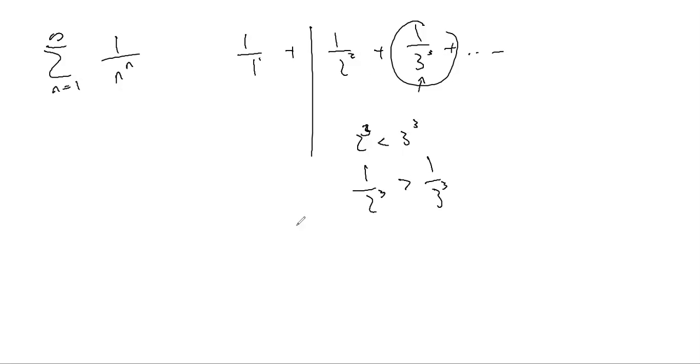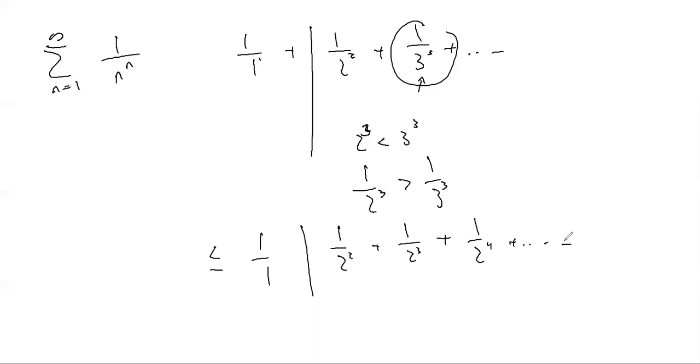So I can say that this series is going to be less than 1 over 1, and I got my little dividing line here. My original series is going to be less than or equal to 1 over 2 squared plus 1 over 2 cubed plus 1 over 2 to the 4th, etc. Okay, and then what is that series?